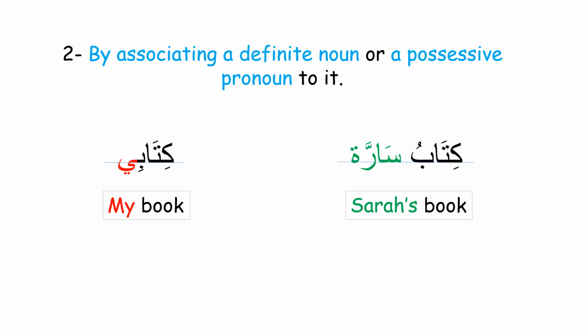Considering the fact that we are teaching a beginner level, we are going to focus only on the first option, which is nothing but the usage of the definite article al, and postpone going into detail about إضافة and the possessive construction to the right time.